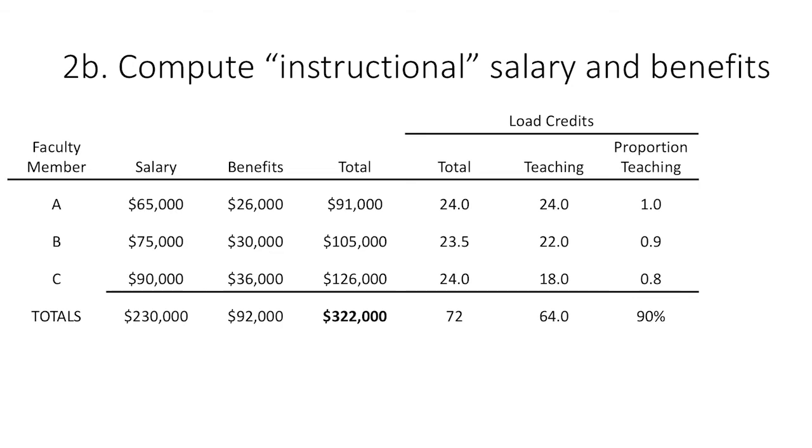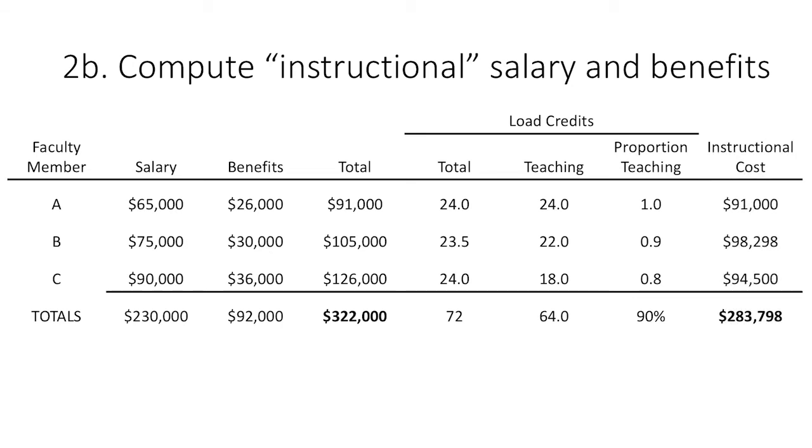And then we can take that 90% and calculate what is the instructional cost for salary and benefits in that department. For faculty member A, 100% of the cost is in teaching, so the full salary and benefits is the instructional cost.